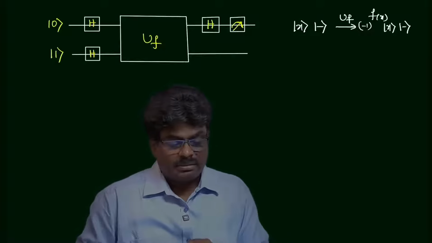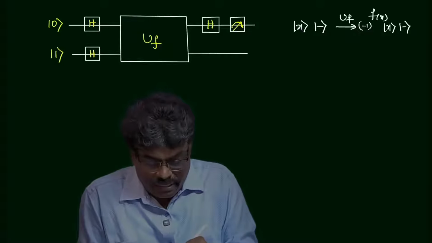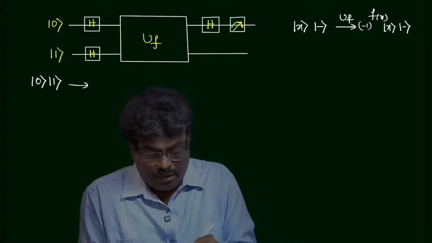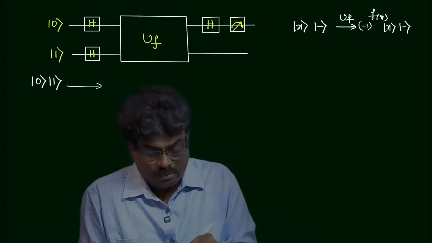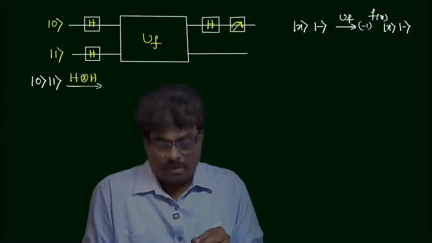So now let us solve this circuit. Here the initial state is 0, 1. Now you are applying a Hadamard operation, that is, two Hadamard operators operating simultaneously on this input.